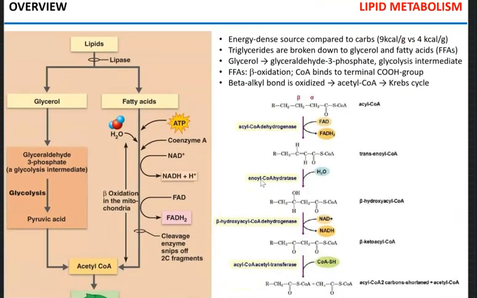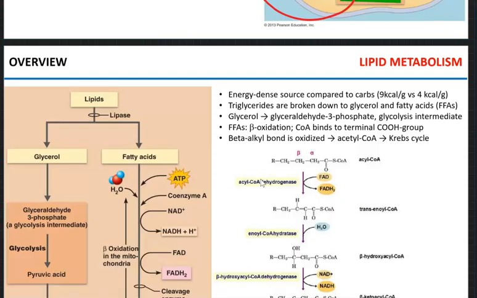But your glucose regulation doesn't end here, because you have another important source of energy, which is lipids. So lipids are very energy dense. And at first, they are broken into glycerol and fatty acids.